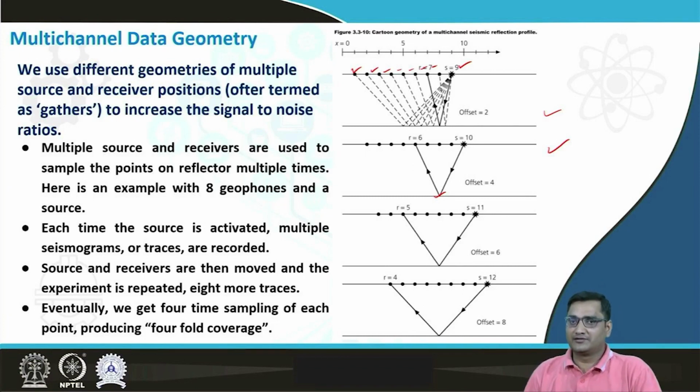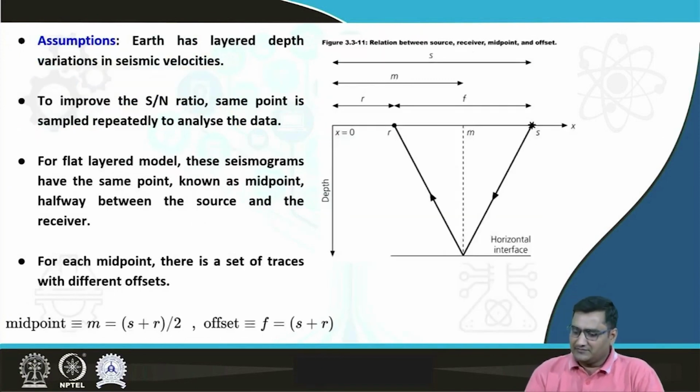The assumption that we are considering is that the earth has layered depth variations in seismic velocities, which means the earth is layered and has continuous variations in seismic velocities.